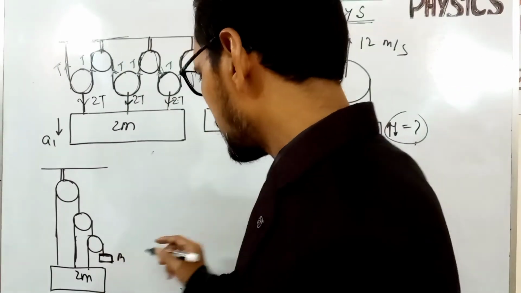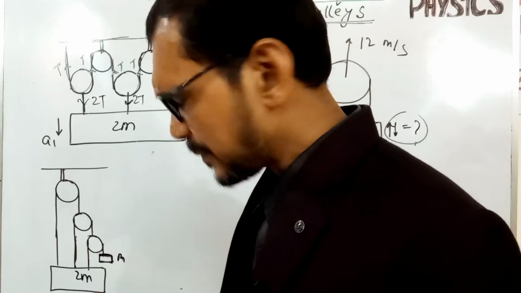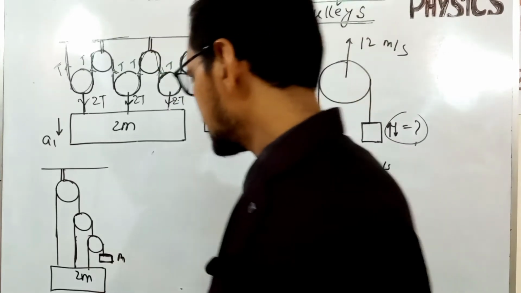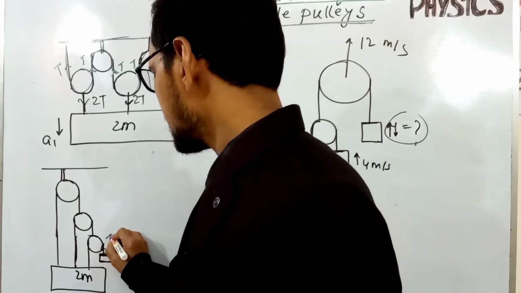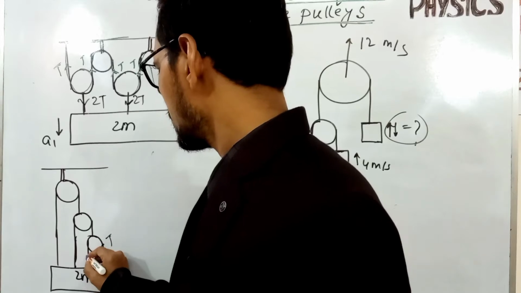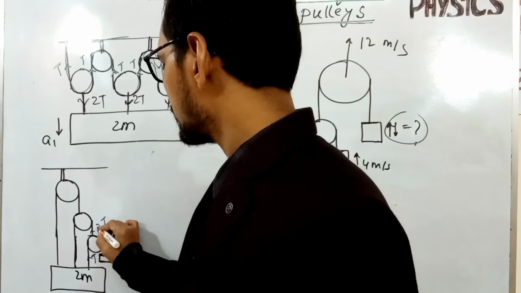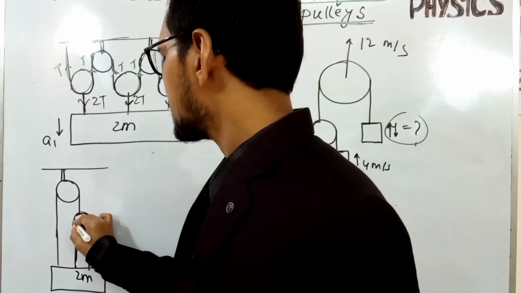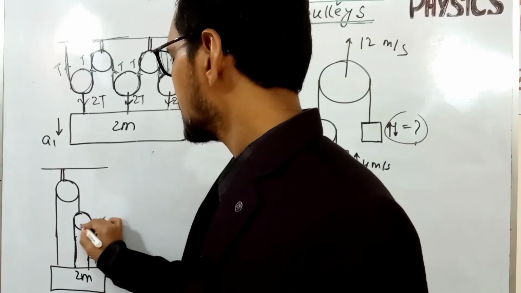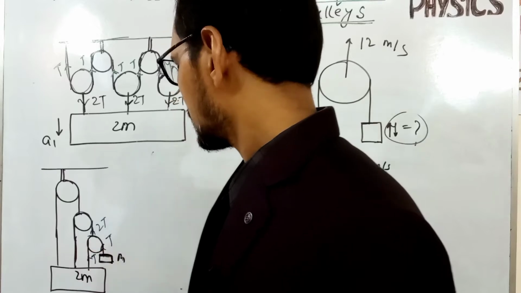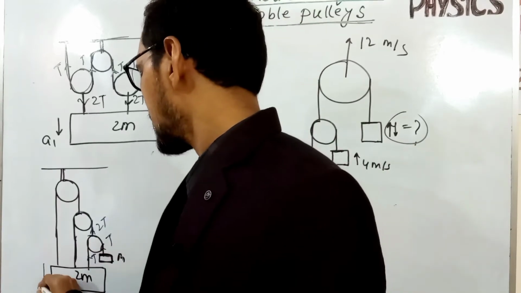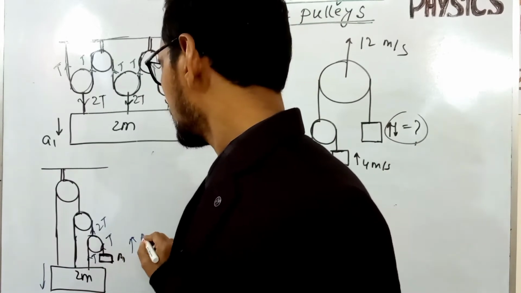Now, a different tension arrangement between the blocks, this is M. If we apply the tension, this is T, this is T, this is T. Now this will be 2T, this will be 2T. The string is the same, so tension 2T is along this direction.